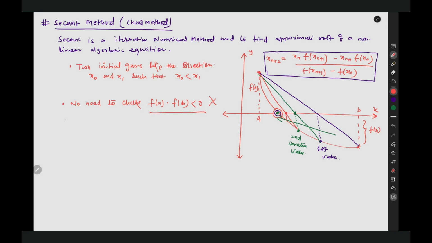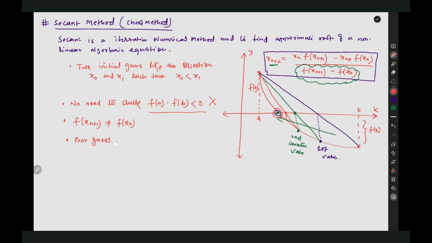This method will fail when the denominator term equals 0, then this value xn plus 2 will become infinity. So f of xn plus 1 should not be equal to f of xn. Sometimes the solution may not converge due to a poor guess.